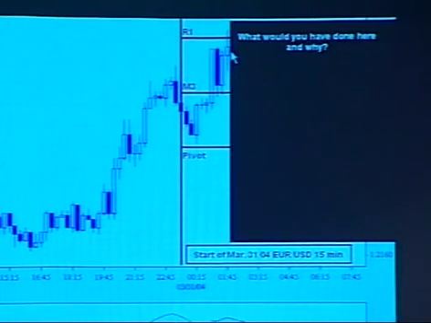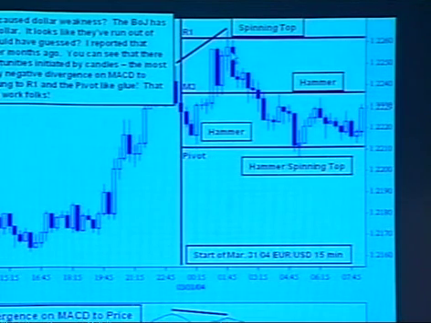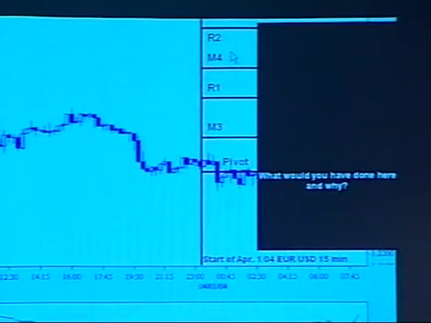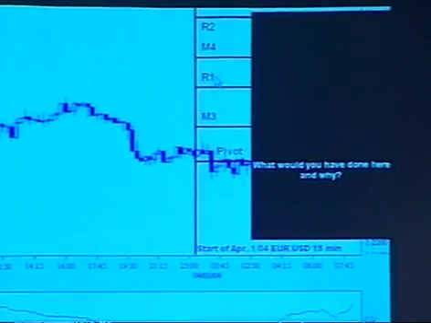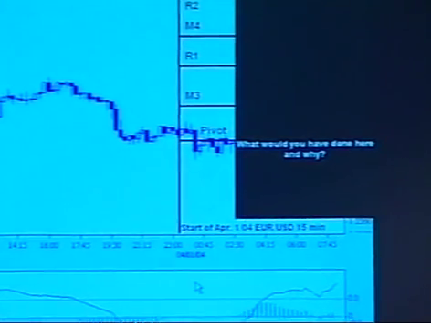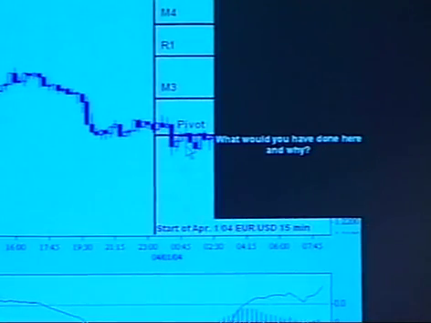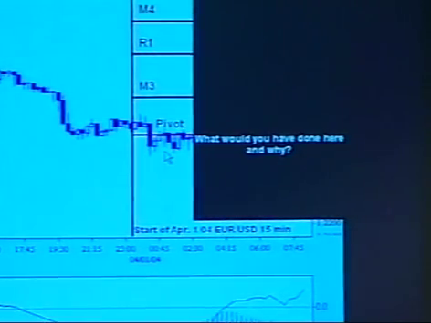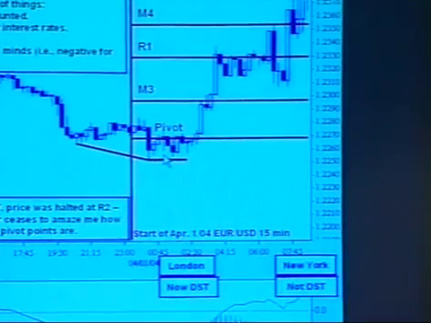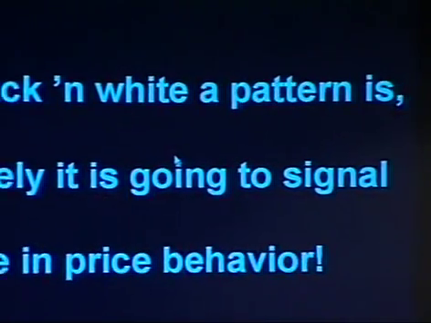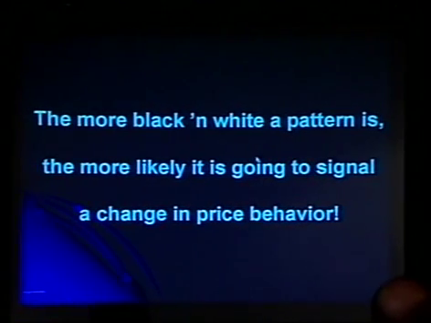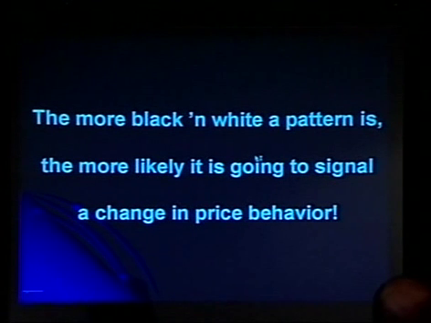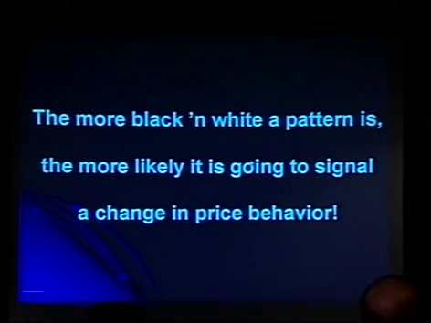Spinning top and negative divergence. Here we've got positive divergence. Okay, on this note, obviously the more black and white a pattern is, the more powerful it is. If it's a spinning top and it really looks like a spinning top and it's a rather dramatic spinning top, then so much the better.